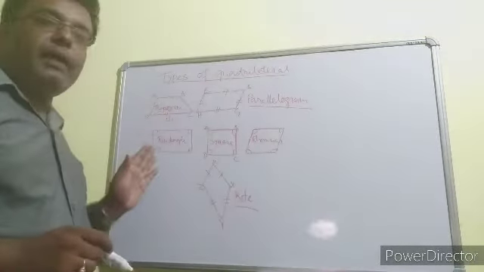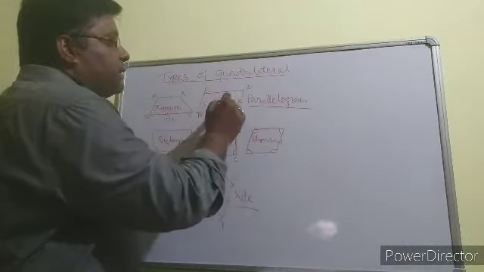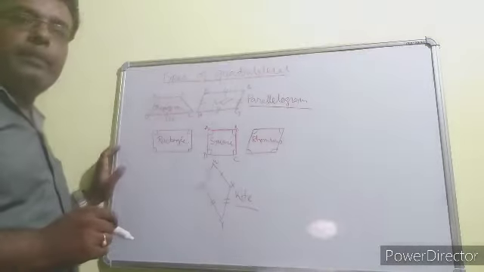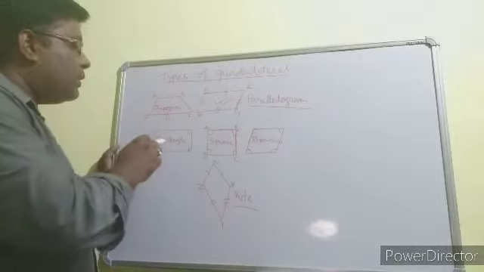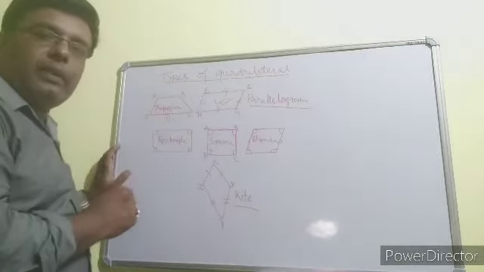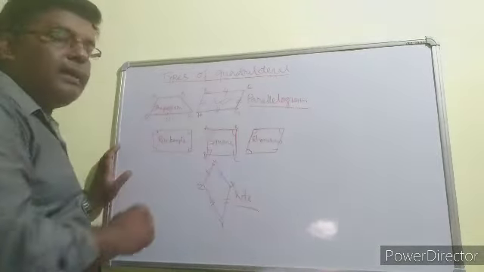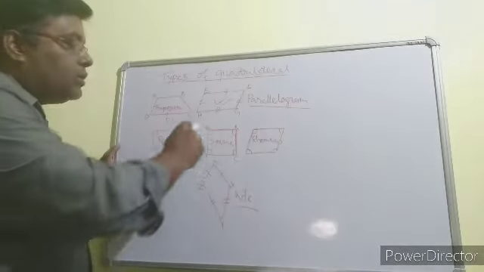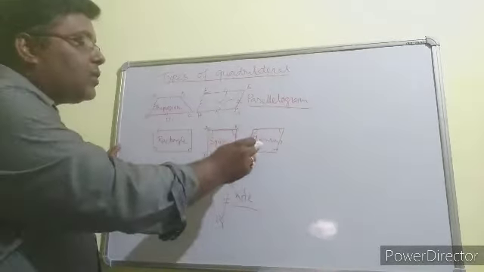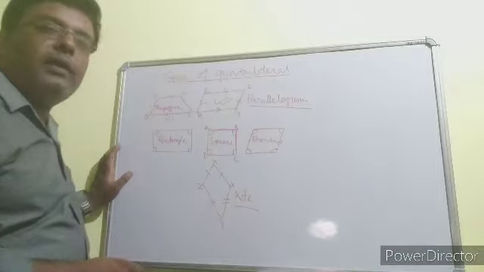But in this chapter we will study about the parallelogram, because rectangle is also a parallelogram, square is also a parallelogram because opposite sides are parallel. Next, rhombus is also a parallelogram.